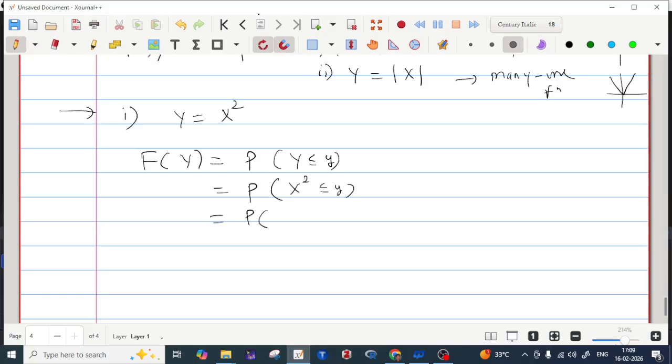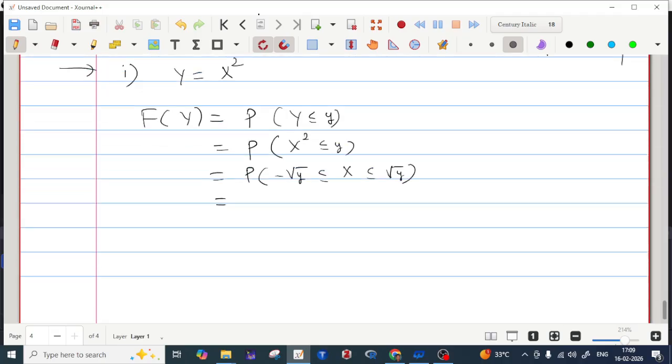This is probability of minus root y less than x less than root y. The probability of a less than x less than b for continuous is nothing but F(b) minus F(a).